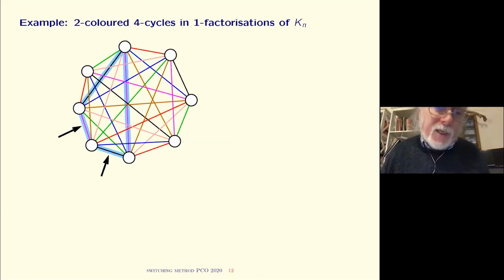It's another 4-cycle in this case, but it doesn't have to be, it could be arbitrarily long, could even be like a Hamiltonian cycle. So you switch colors along, that gives you another one-factorization, and it destroyed the initial two-colored 4-cycle.